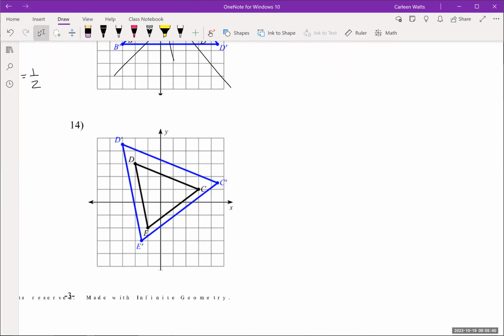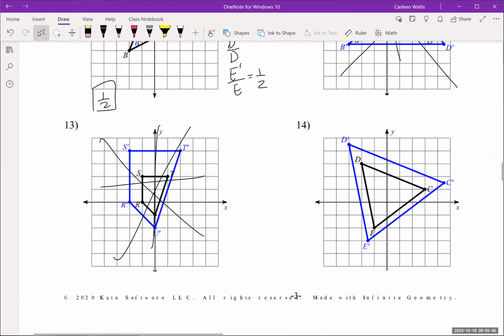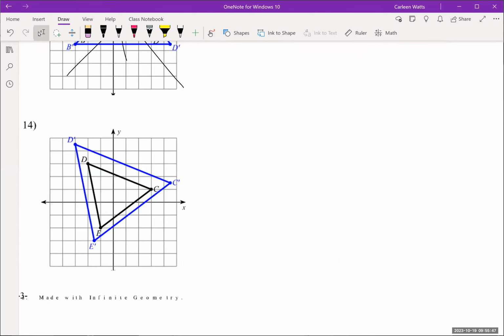Okay. Let's do, I don't like the C's. I don't like the E's. Let's do the D's. Let's do D prime over D. We could look at either the X's or the Y's. So the X for D prime is 1, 2, 3, -3.